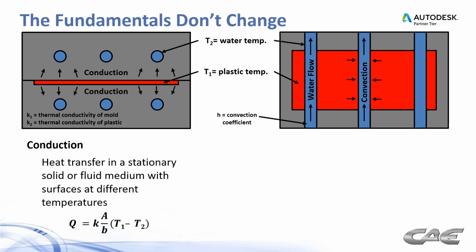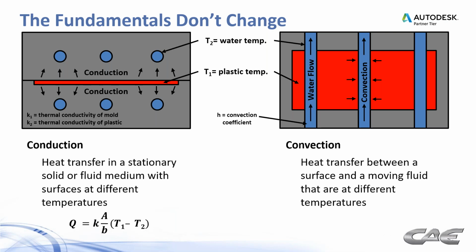And if you like equations, there's the equation, heat flow. For convection, it's heat transfer between a surface and a moving fluid, i.e. the coolant here, that are at different temperatures. So those are the two modes of heat transfer that occur in an injection mold. And again, we want to try to take advantage of that as best we can. There's the equation for convection.